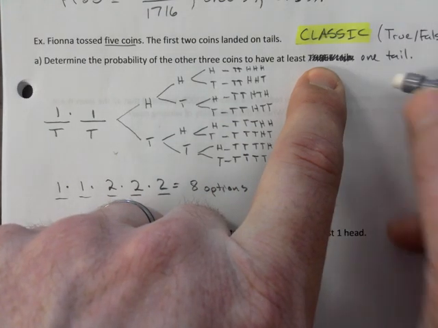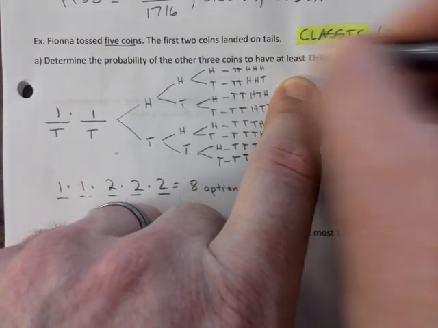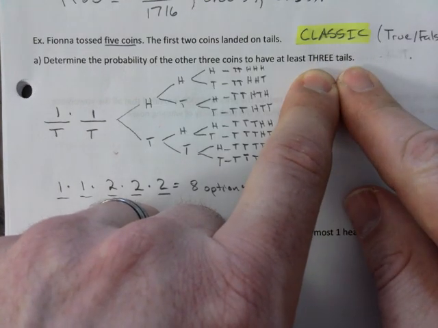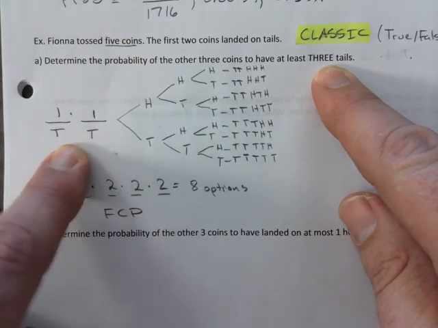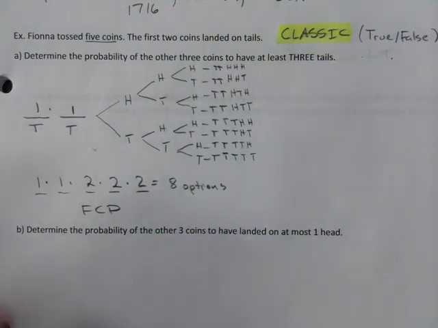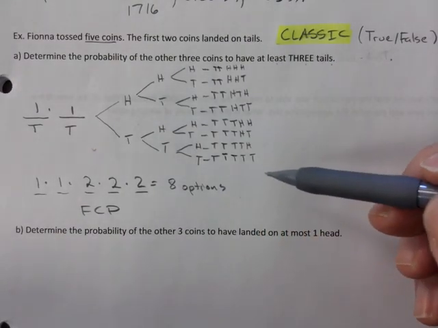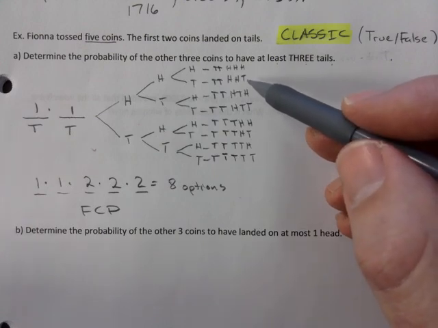Can you actually erase this whole thing and just leave it at 3 tails, or else it doesn't work? That's when I have those brilliant ideas to make 5 coins and then 2 tails at first, right? Anyways, sorry about that. Back to where it was. At least 3 tails. So when you look at this, at least 3 would be 3 or more.